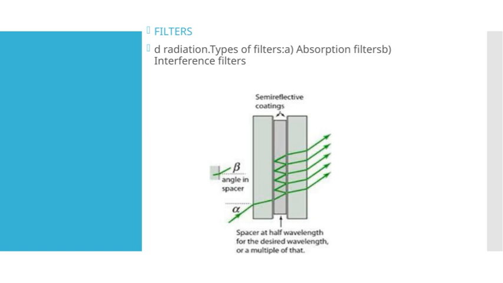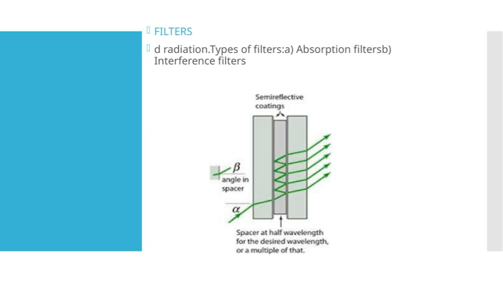They're often made from colored glass or gelatin, and they're quite effective in specific applications where you want to block out particular wavelengths. On the other hand, interference filters use the principle of interference. Think of thin film coatings that reflect certain wavelengths while letting others pass through. These are highly selective and are commonly used in more precise optical systems, like in spectroscopy or in cameras, to enhance image quality.